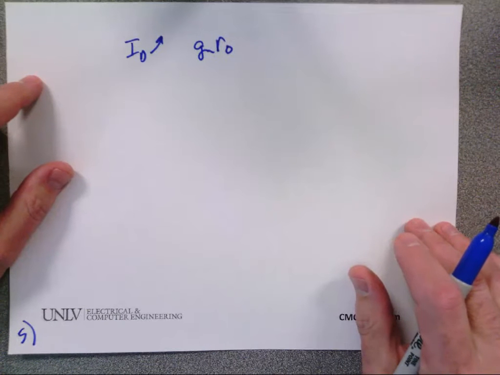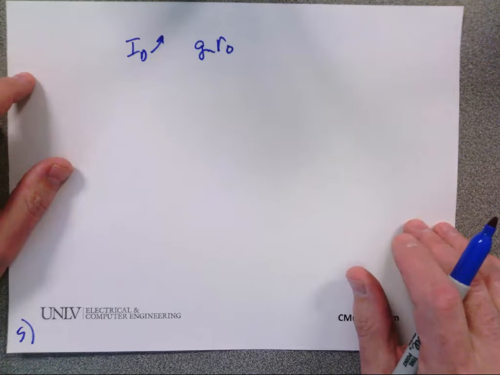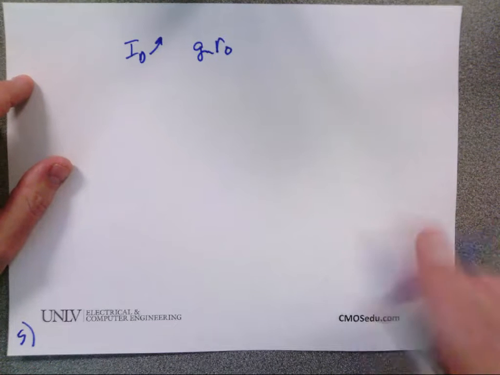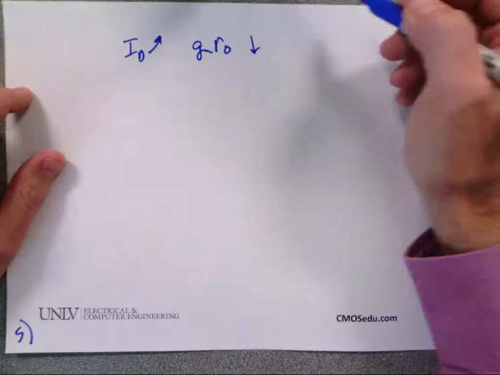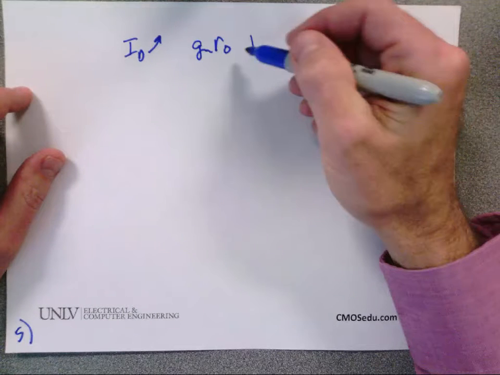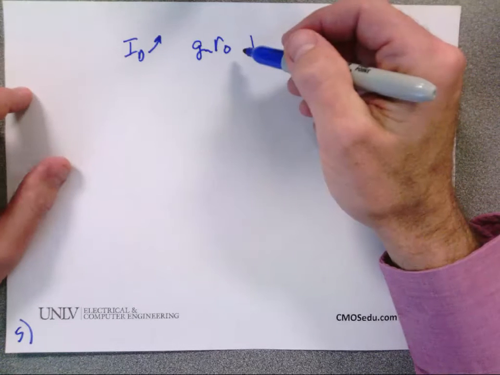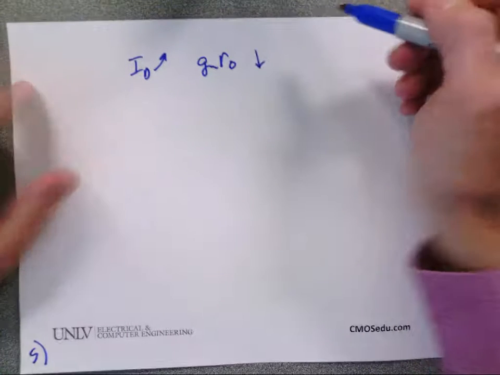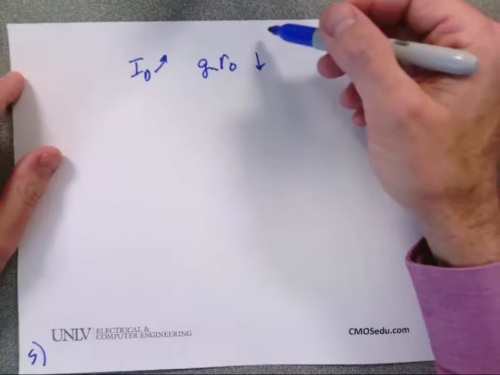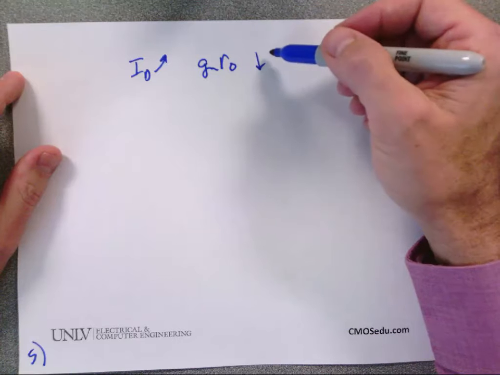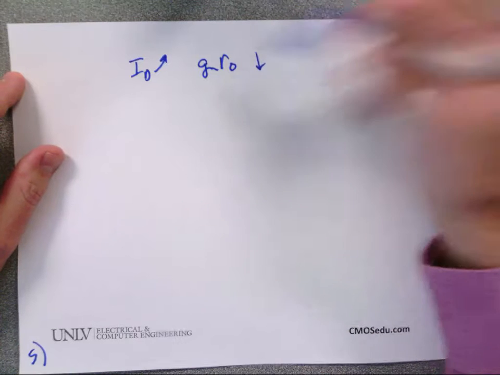Did you watch the videos? What happens to GM R out? It goes down. Did you see that in the video? I covered that, didn't I? So nobody has questions on that? Prove it. Prove that this is true.